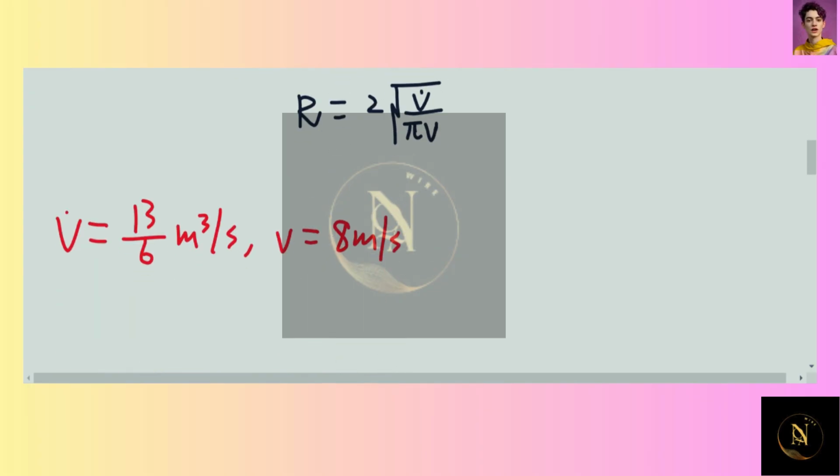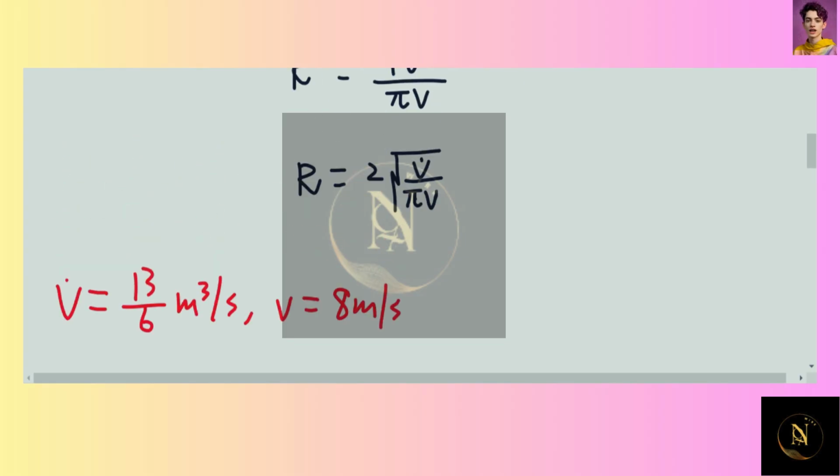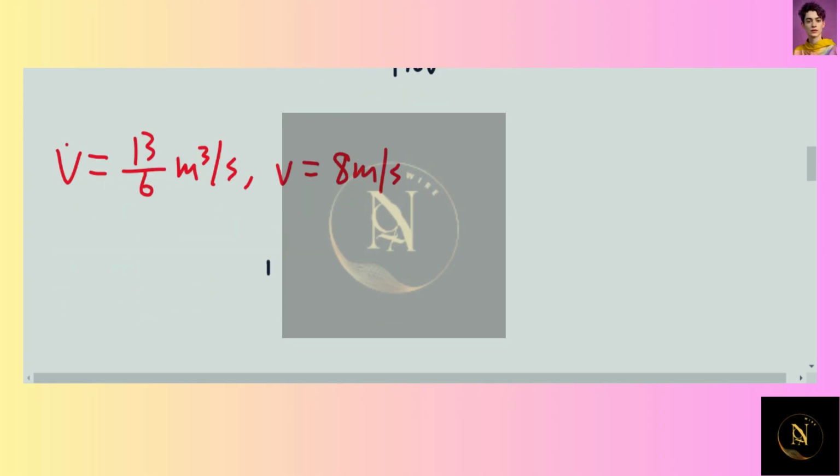So we know the volume flow rate from the previous calculation is 13/6 meter cube per second, and we know the velocity is 8 meter per second. So now let's plug back into the equation. We have the diameter is equal to 2 times the square root of, and what's inside the square root is 13/6 meter cube per second over pi times 8 meter per second.